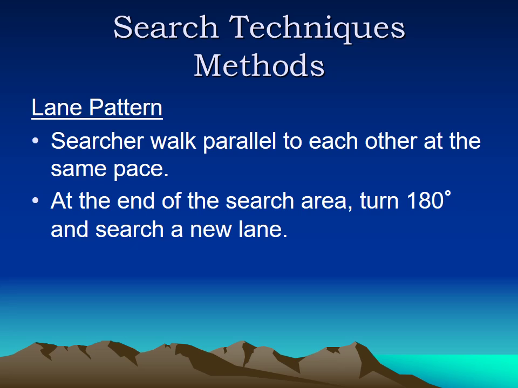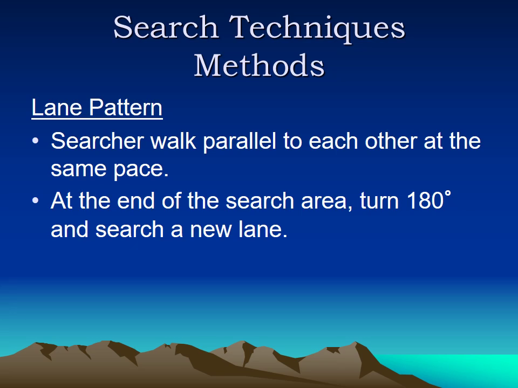The lane search pattern method has the searchers walking parallel to each other at the same pace. The distance of separation between searchers is such that a high probability of detection could occur if there is a clue or the subject in the search area.